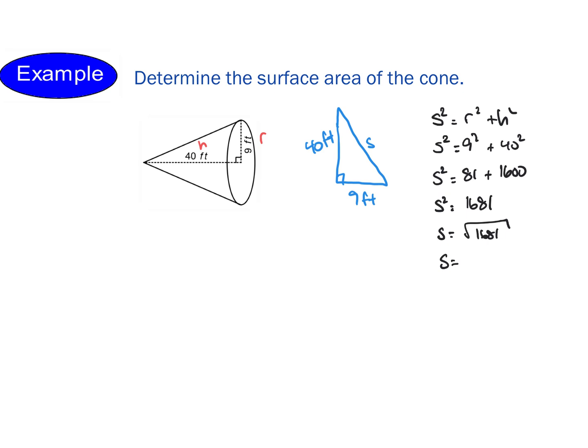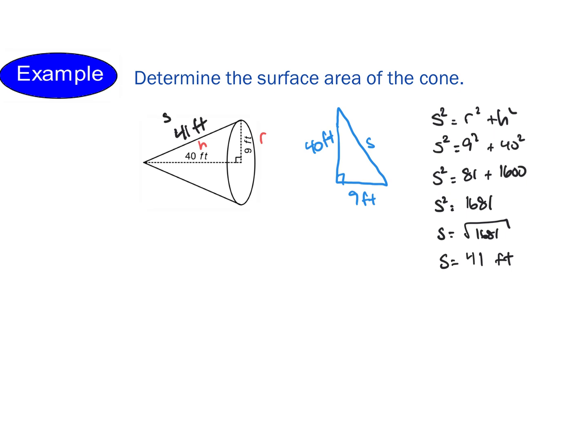So what is the square root of 1681? Should be 41 feet. And now we know what the slant height is.